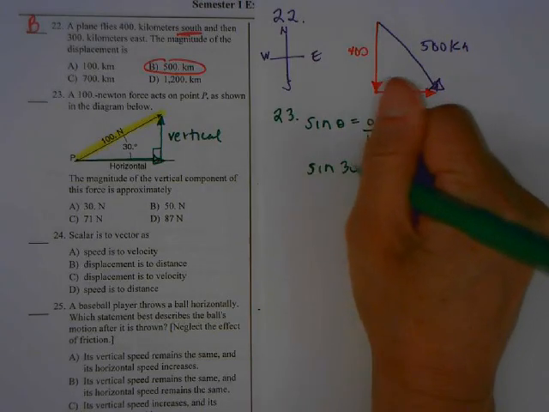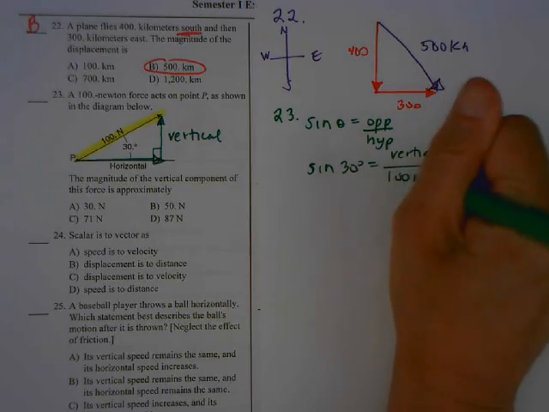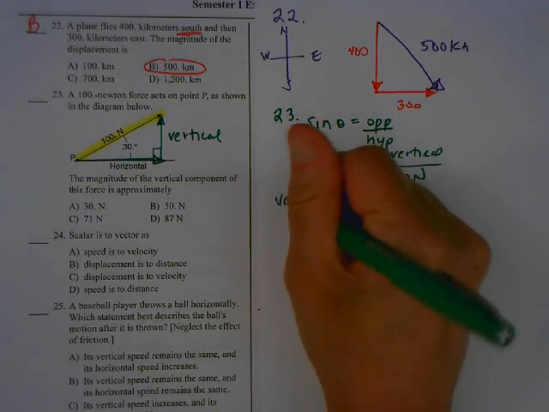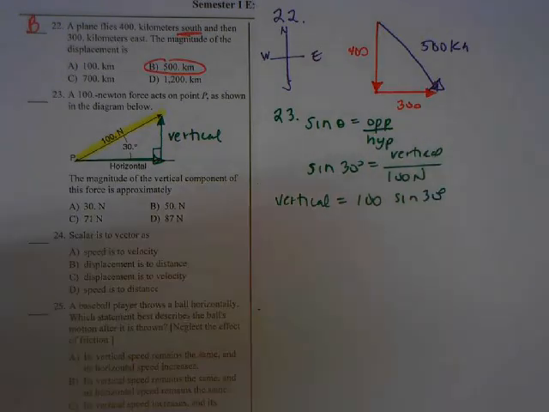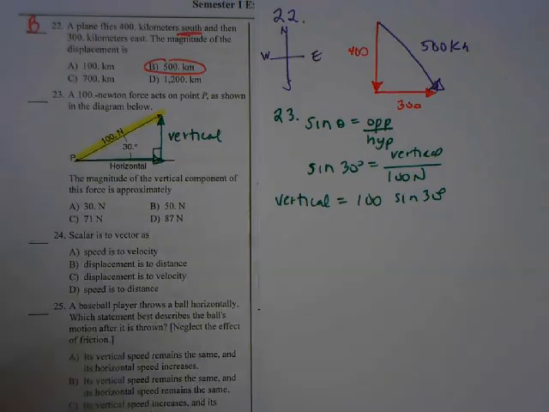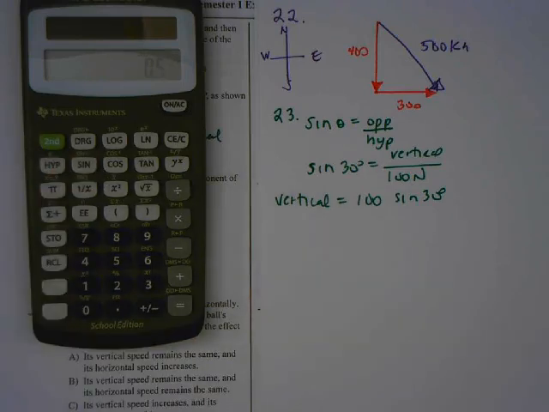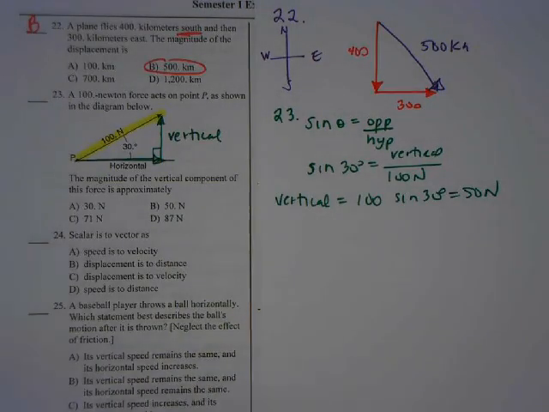So sine of 30 degrees is opposite, which is my vertical, over my hypotenuse, which is 100 newtons. So now I rearrange that and say vertical is equal to 100 times sine of 30. So on my calculator, I press 30 sine times 100 comes out to be 50. So the answer is going to be 50 newtons, which is choice B.